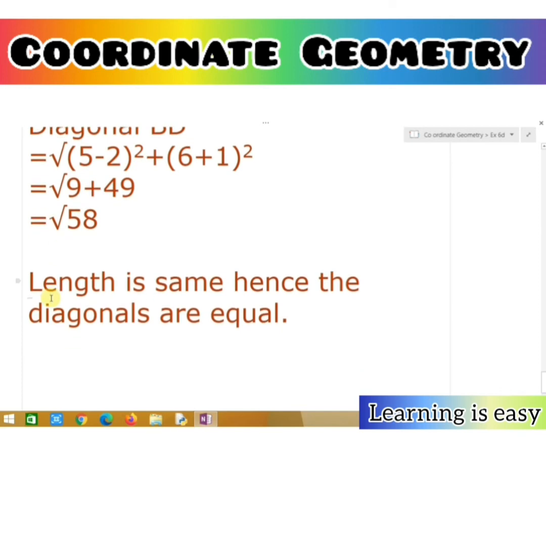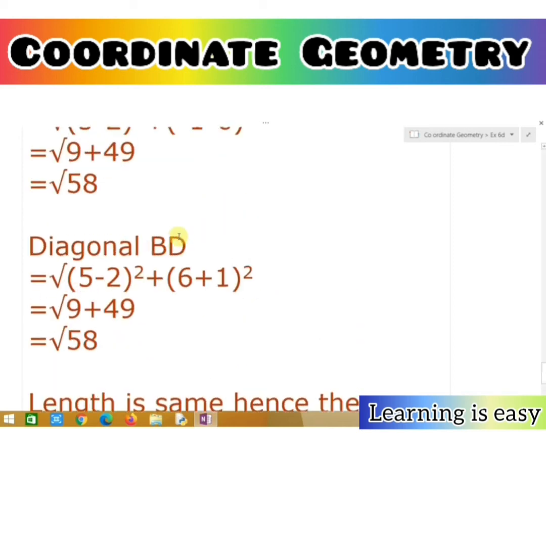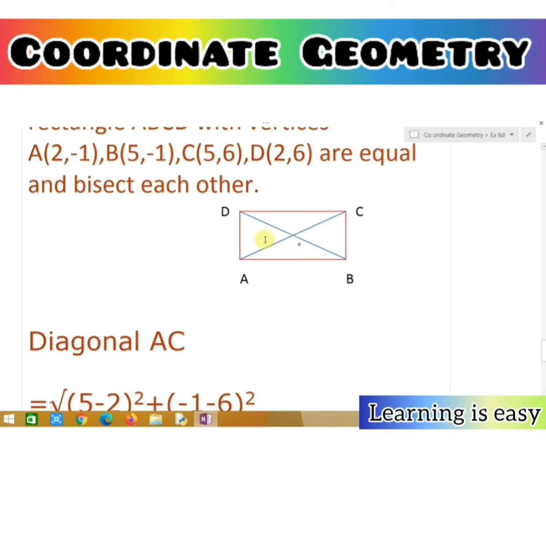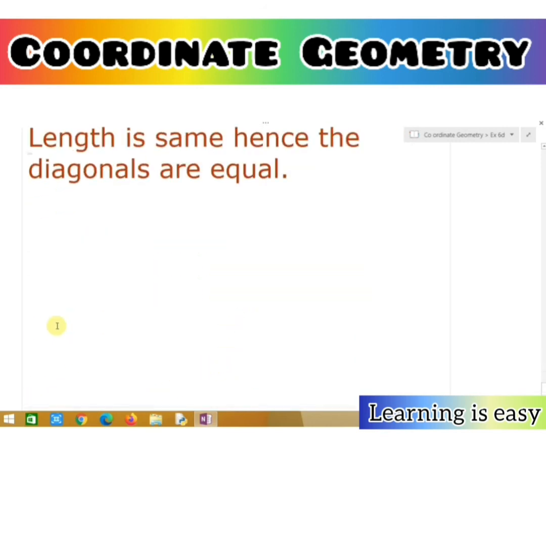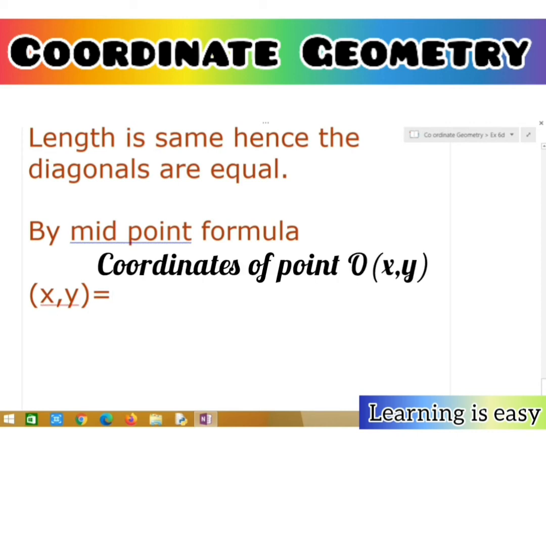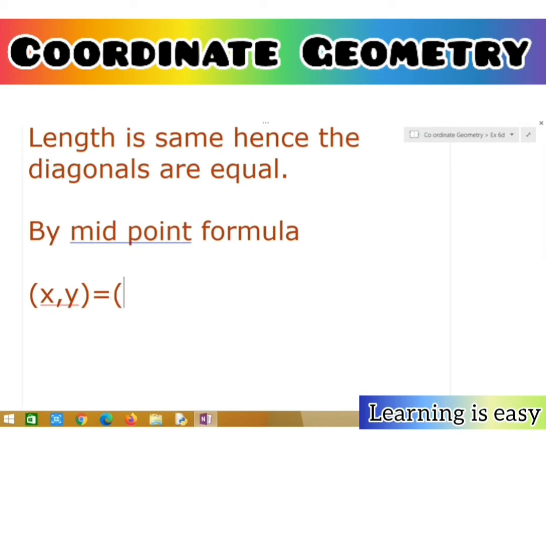Now they bisect at a point O. AC and BD meet at a point O. So by the midpoint formula, we can get the coordinates of point O. Let's assume it as x comma y.